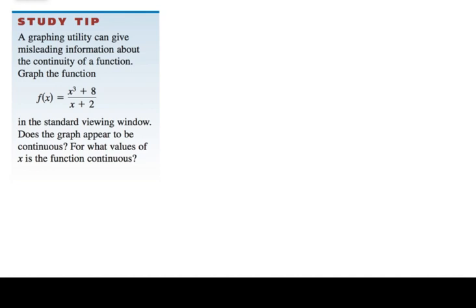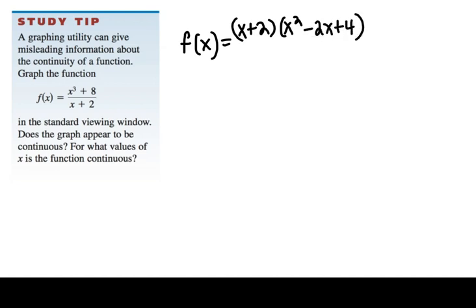F of x equals x cubed plus 8 over x plus 2. F of x equals x plus 2 over x squared minus 2x plus 4 over x plus 2.